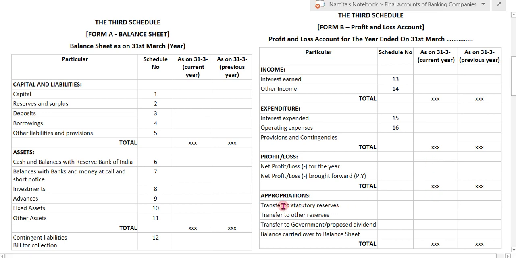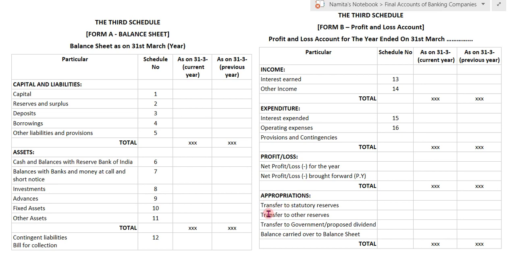Next, appropriation is the important part of the profit and loss account. Now what is appropriation? Appropriation means the allocation of the profit of the bank. So whatever the profit of the bank is, how it is allocated is to be shown in the appropriation.